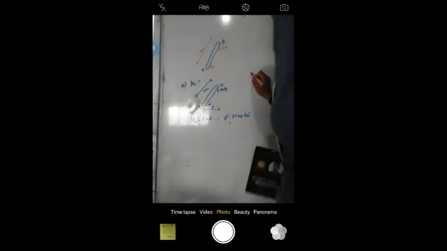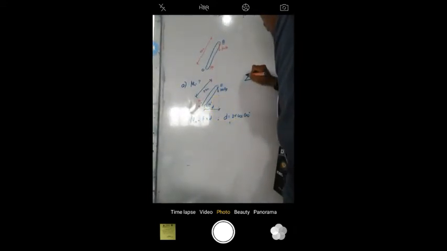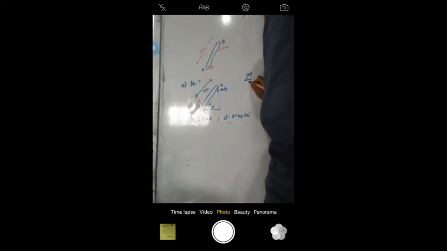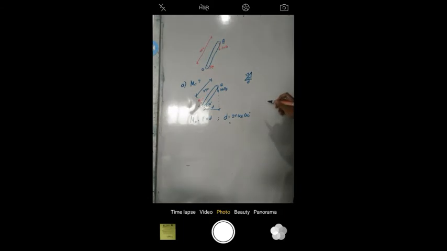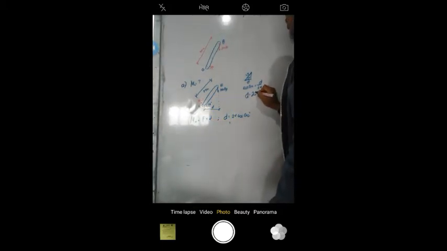Ito is 24. Nandito yung d. Tapos dito yung 60 degrees, right? So, it's adjacent. Cosine of 60 is equal to adjacent, that is d over 24, right? So d is equal to 24 cosine 60.